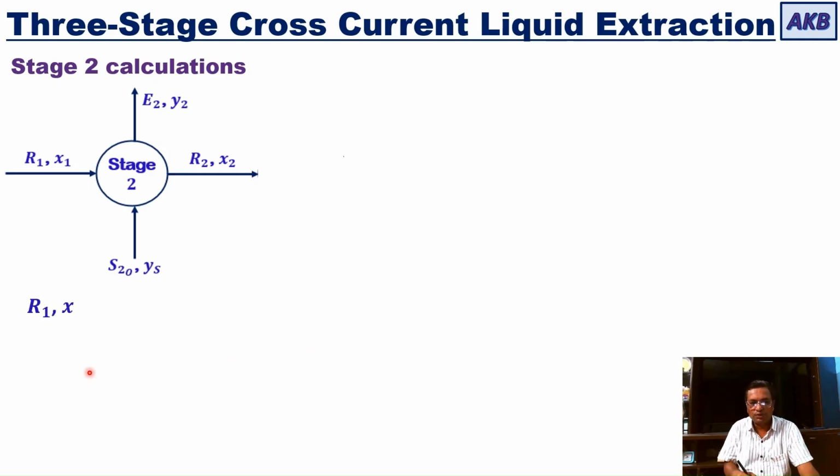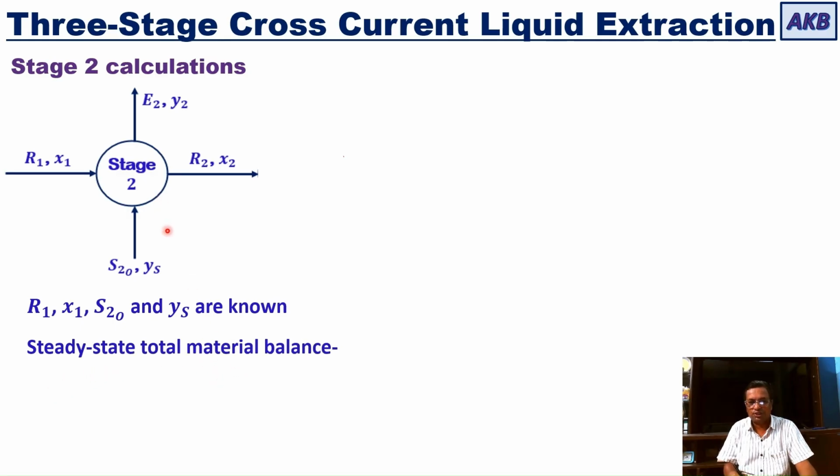Before we start the calculations for stage number 2, these quantities are known to us. R1 is known from calculations for stage number 1. X1 is known from calculations for stage number 1. S20 is known to us. Ys is also known to us. With these 4 quantities known, we are going to write the steady state total material balance for stage number 2.